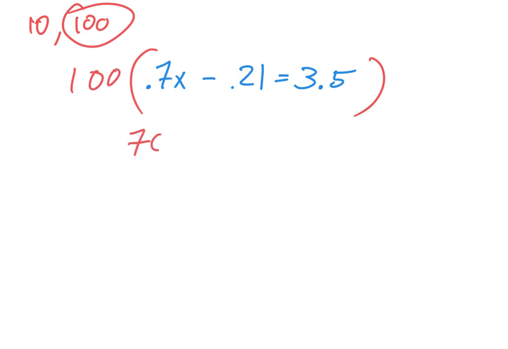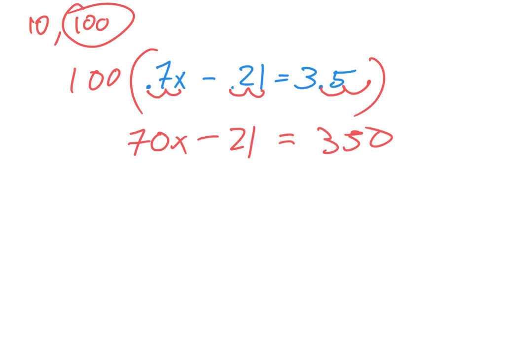I will have 70x, because I moved the decimal place twice. 1, 2. Okay, the x moves over, but I have 70x, this moves over, 21. Oh, sorry, that is not an equals here. That's a minus. Now I have equals, and the decimal moves over twice. 1, 2, 3, 50. Now it looks like equations we've done a bunch of.